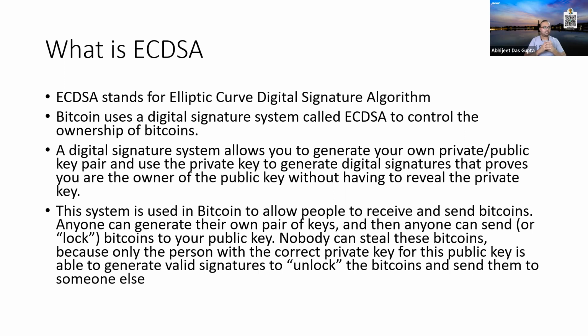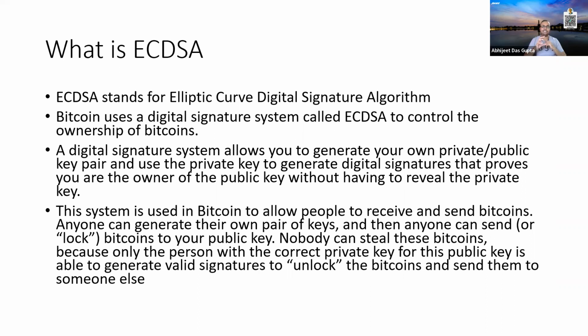The system is used in Bitcoin and all its altcoins to allow people to receive and send Bitcoins. Anyone can generate their own pair of keys and can send or lock their Bitcoins to your public key.